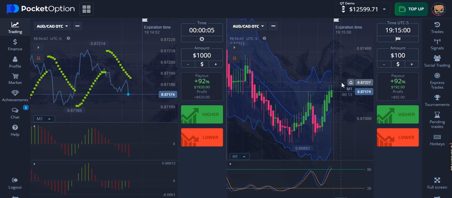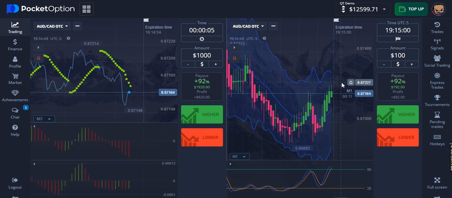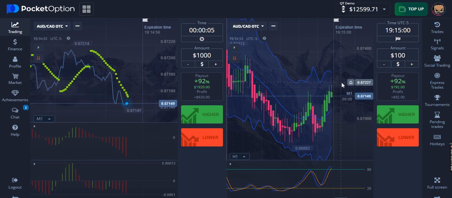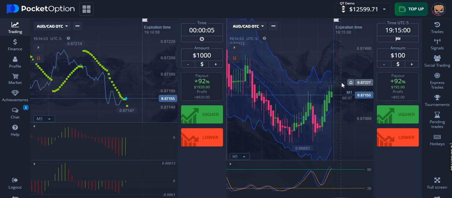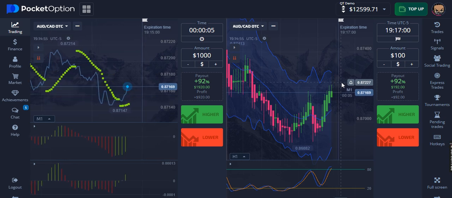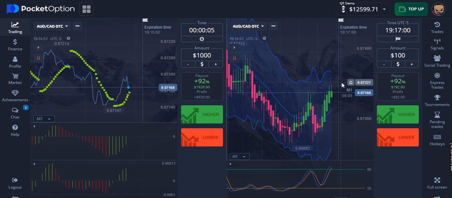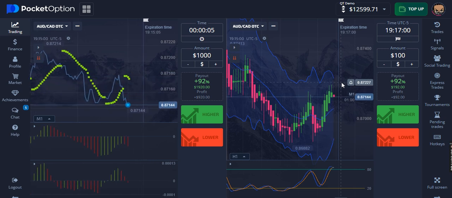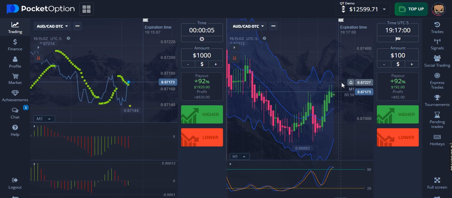It's important that once you open up your account, you hop in a demo and test out the time frames, whether it's 5 seconds, 15 seconds, or 30 seconds, whichever one is working best for you on OTC.